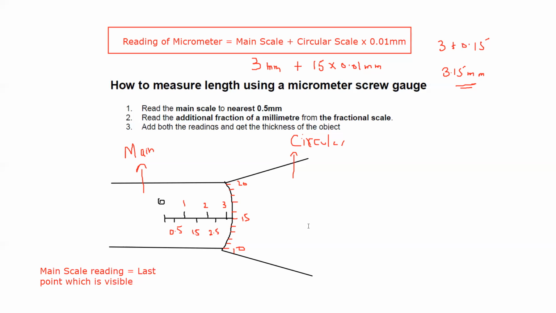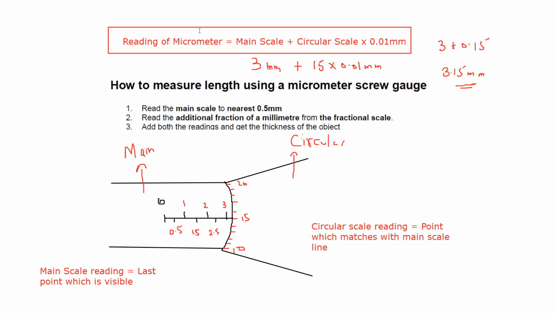And the circular scale reading is the point which matches with the main scale line.